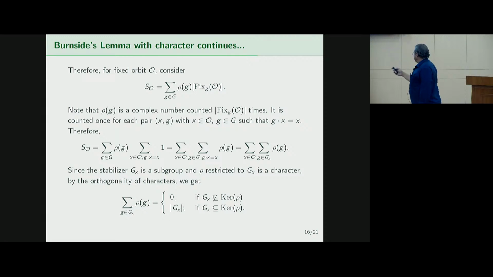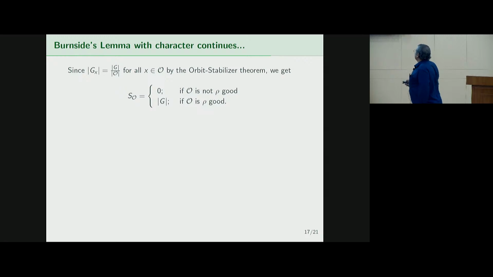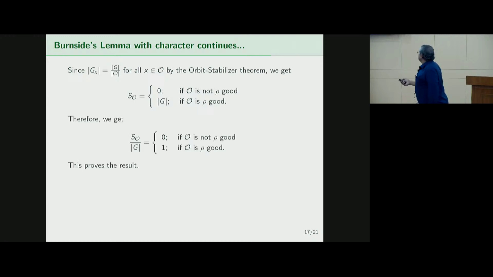So this is a counting function for a given orbit, telling when it is going to be rho good. Now I have to sum it over all orbits, and then I can apply my Burnside lemma. That will tell me this.